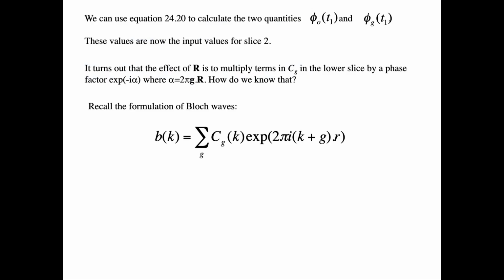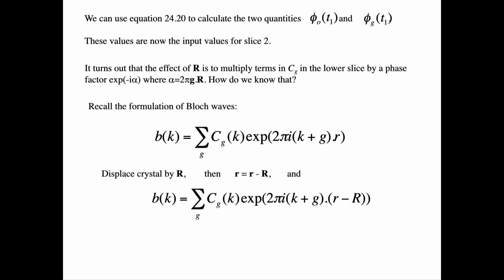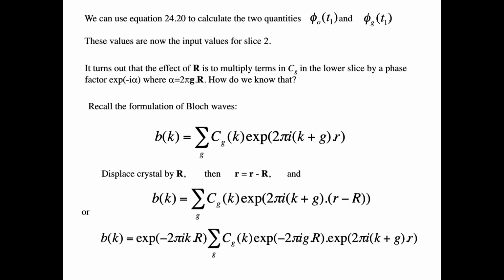Remember this lovely equation here for our Bloch waves? So we displace the crystal by this vector R, that's the stacking fault. So then our r at the end there is r minus big R, and then our Bloch wave will look like this, or it'll look like this.